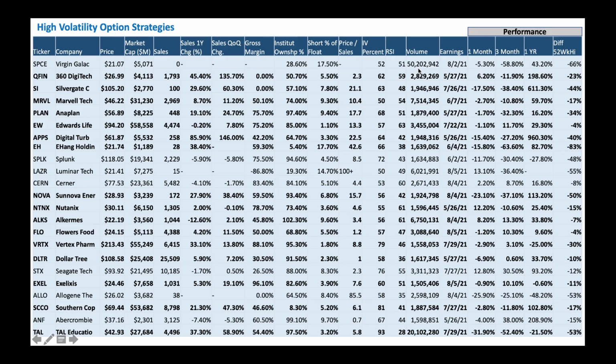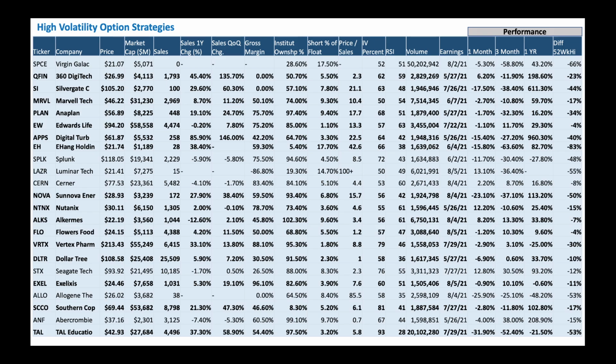As an option seller, you have to make sure volume is high so you can get in and get out as easily as possible. Then we have to look at earnings. If earnings is around the corner, for example QFIN here, you have to be a little bit aware of that. Typically, implied volatility and IV percentile are high as we approach earnings. So you have to be aware of the earnings date itself.